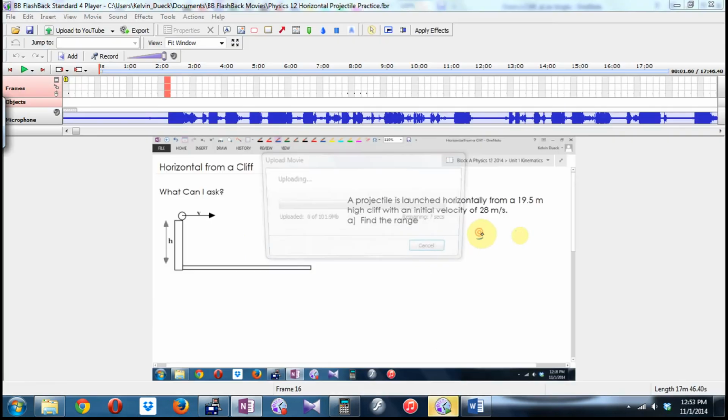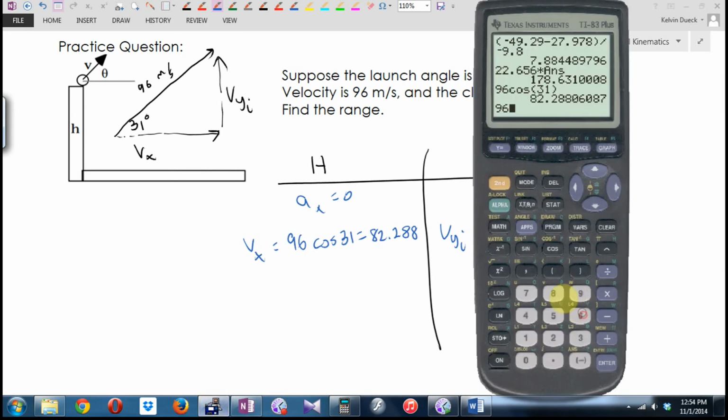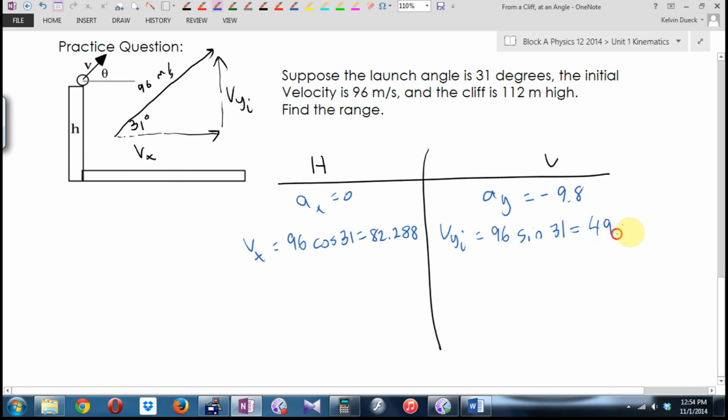Vy initial is going to be 96 sin 31, which is 49.444. They gave me a vertical displacement. It's negative 112 meters. I'm going to find time.